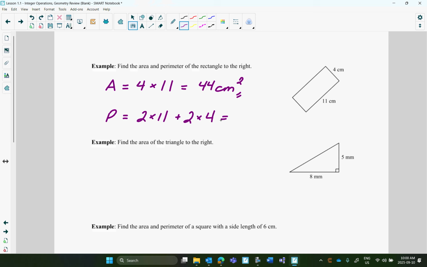Absolutely. And remember, 2 times 11 is 22 because we do the multiplication first. And 2 times 4 is 8. Then we add those two and you get 30 centimeters. Squared or no? Good.